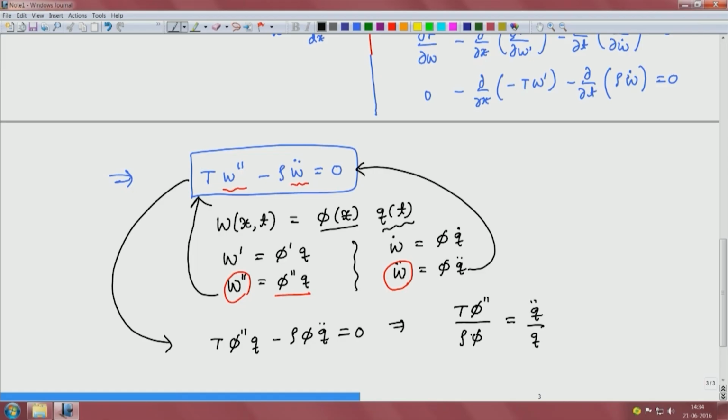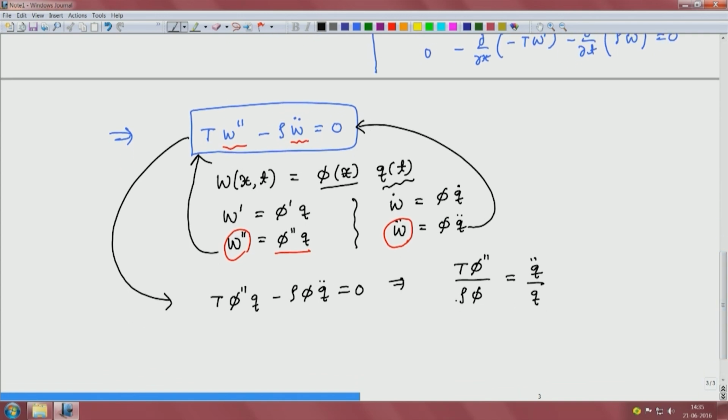Things that depend on space, φ double prime, are on the left side, and given constants, tension in the string T and mass density, linear mass density, that is mass per unit length of the string, ρ, are on this side. So, if you look at this particular thing varies with x, this particular thing varies with time, but both are equal.